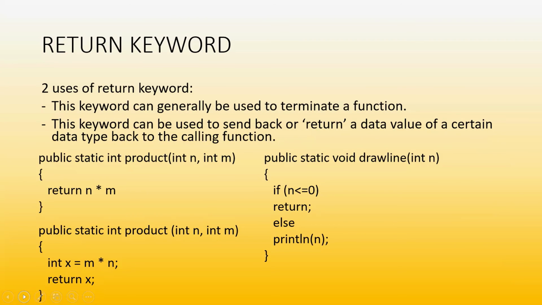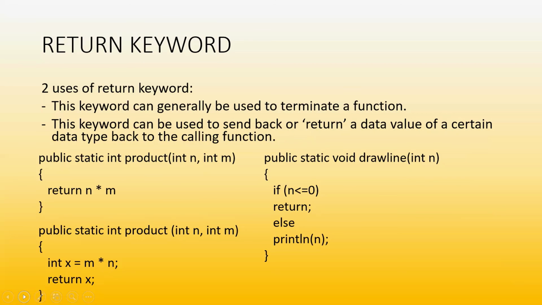One thing to note is that the returned value could be an outcome of an expression, or it could be a variable, or it could also be a literal. And a function could have several return statements, but only one will be executed. That's very, very important. Now let's see the int product. In the example given here, we can see public static int product.